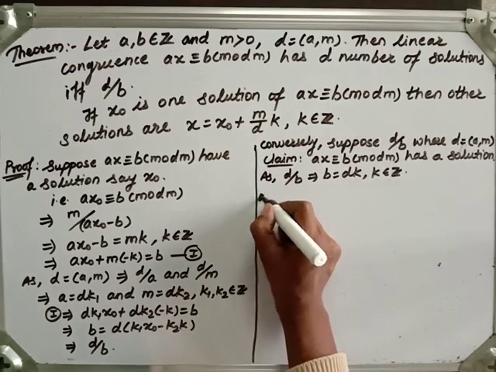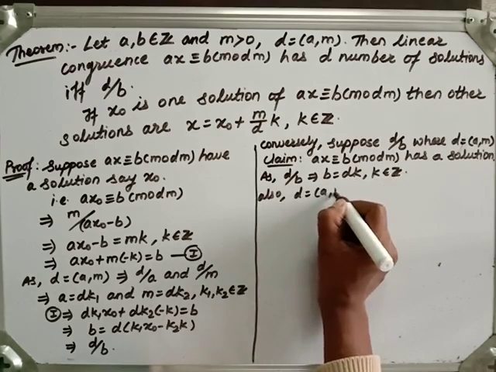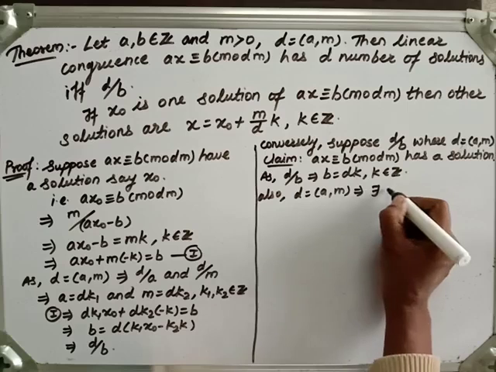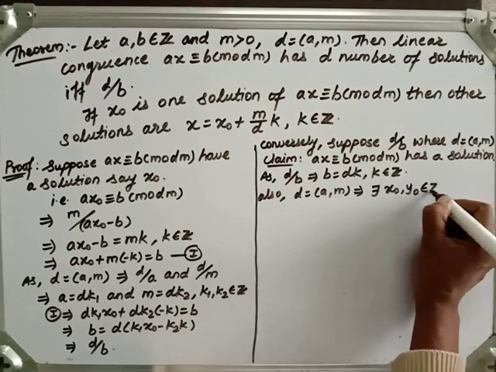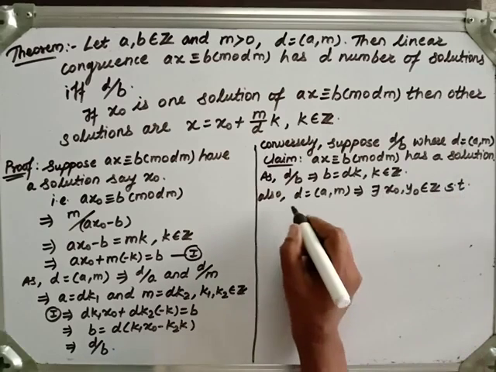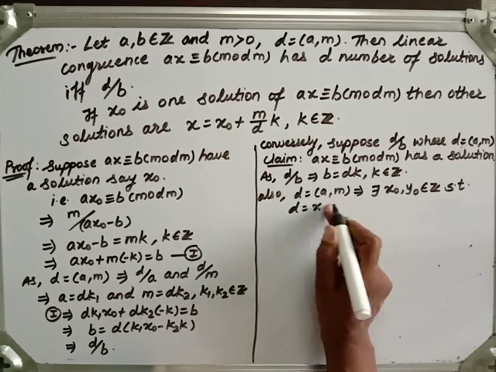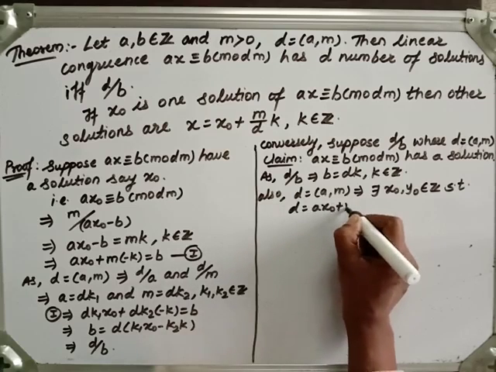Also D is the GCD of A and M. So this gives there exist some integers x naught, y naught such that D is equal to A x naught plus M y naught, a linear combination.